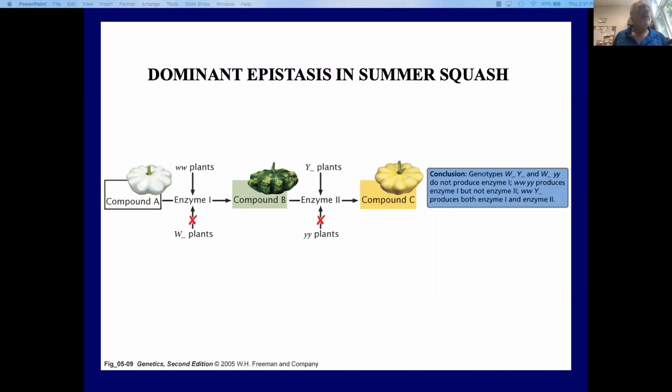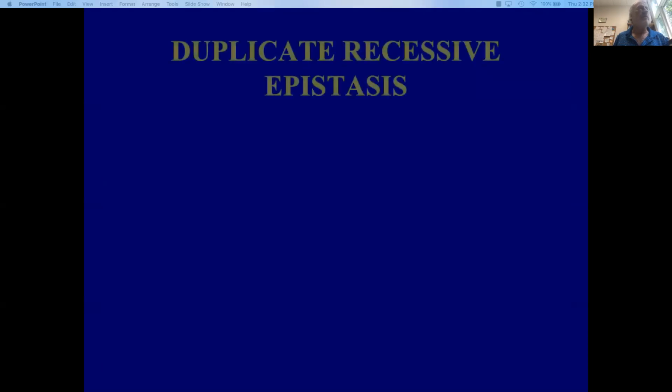But in little y plants, the enzyme 2 is not made, and therefore compound B is not converted to compound C, and the fruit is green just like the rest of the plant. And so that's the molecular mechanism going on here behind dominant epistasis in the summer squash.